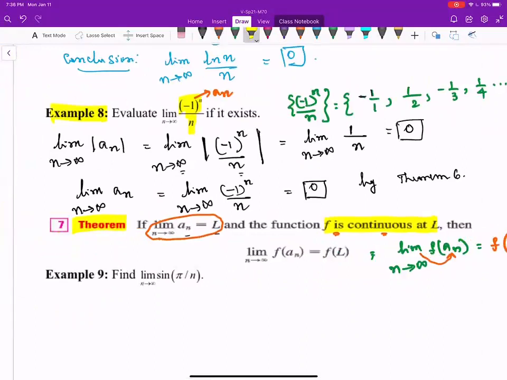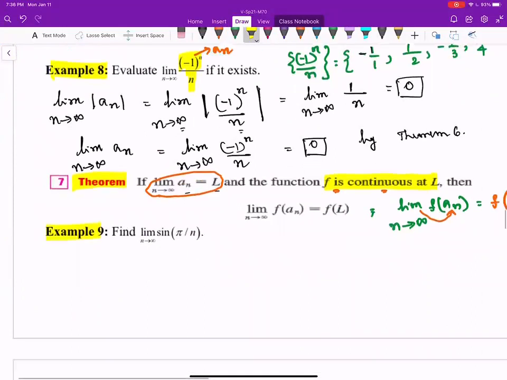So using this, we can do this example. Find the limit as n approaching infinity of sine of pi over n. We know that sine is a continuous function, so we are going to take this limit inside the argument of sine.